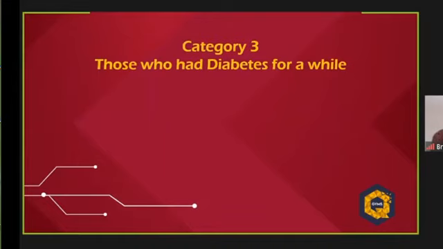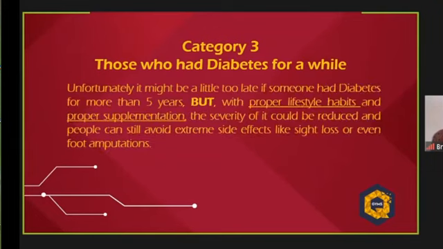So those who have had diabetes for a while, a very long time, and the doctors have put them on meds. In this case, honestly, it's hard to reverse diabetes.